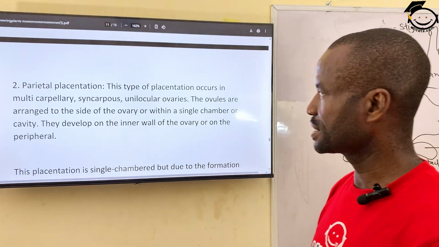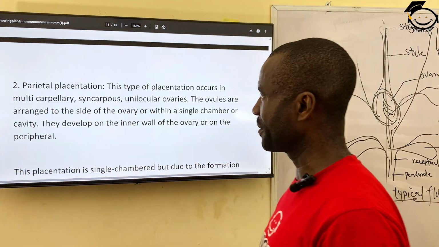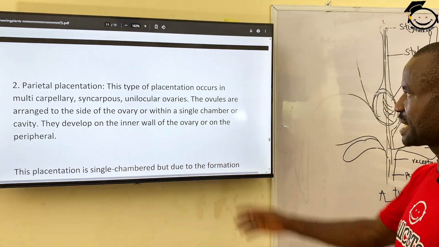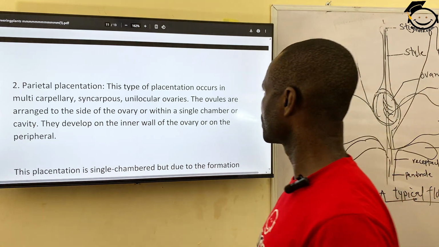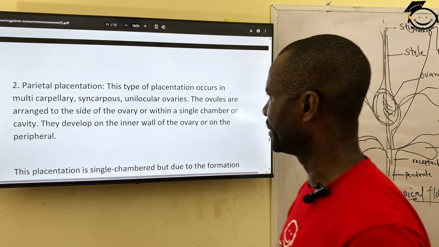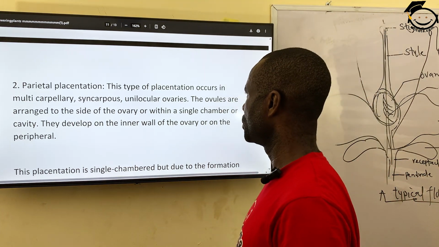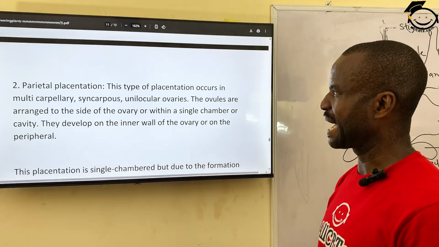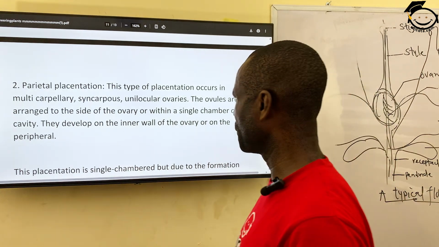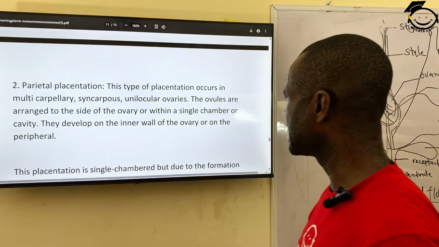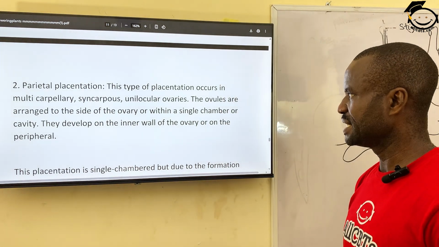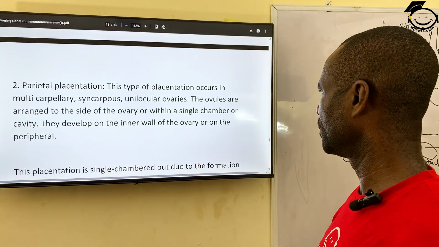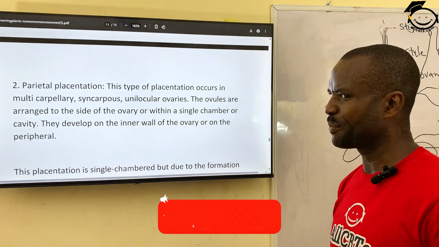Okay, the second type of placentation is called parietal placentation. This type of placentation occurs in multicarpellary, syncarpous, unilocular ovary. The ovules are arranged to the side of the ovary within a single chamber or cavity. They develop on the inner wall of the ovary or on the periphery.